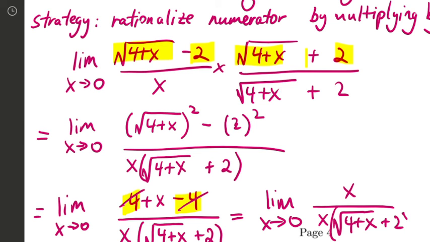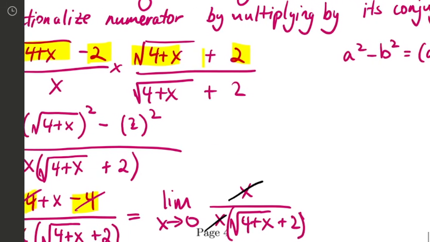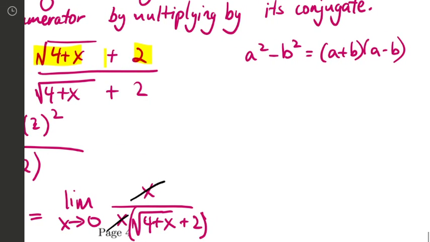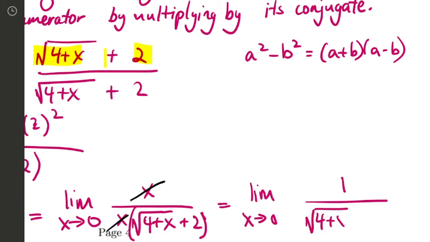And so my x terms can cancel from the top and the bottom. Now I'm left with, I'm going to run out of space, the limit as x approaches 0 of 1 on the top, right? x divided by x is just 1. And on the bottom I have the square root of 4 plus x and then plus 2.